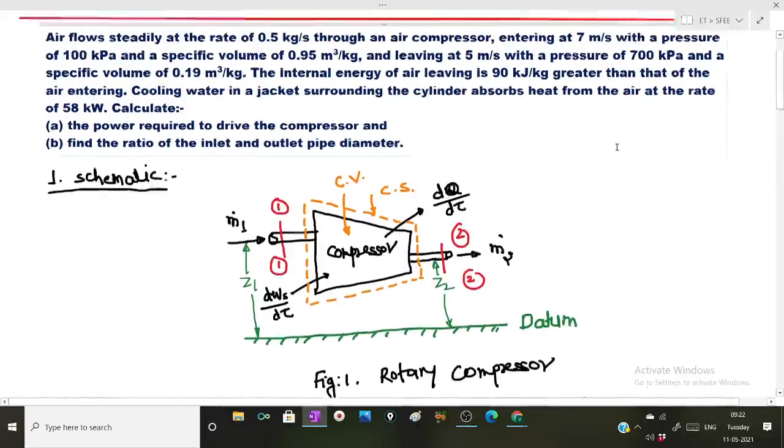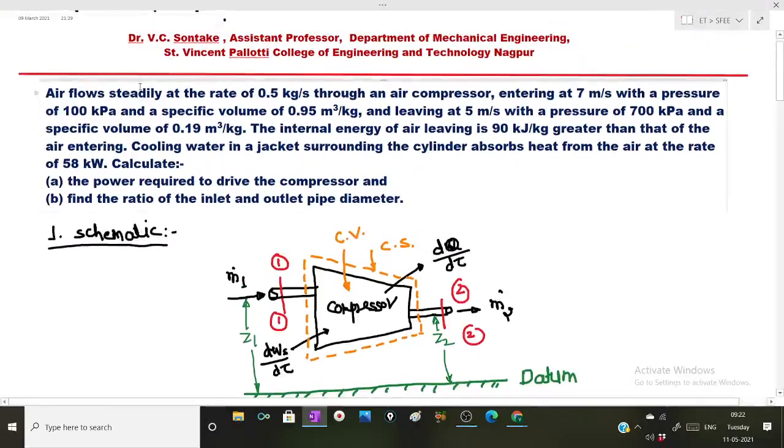From the problem statement, air flows steadily at the rate of 0.5 kg per second, which means the air flowing through this compressor is at a steady flow rate, that is, the mass flow rate is constant: m1 dot is equal to m2 dot, and this is given as 0.5 kg per second.